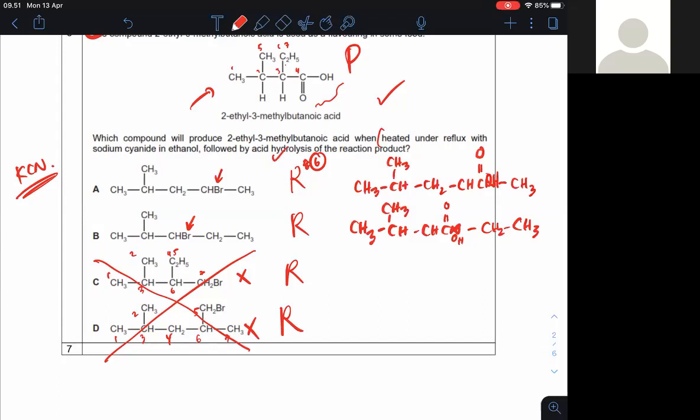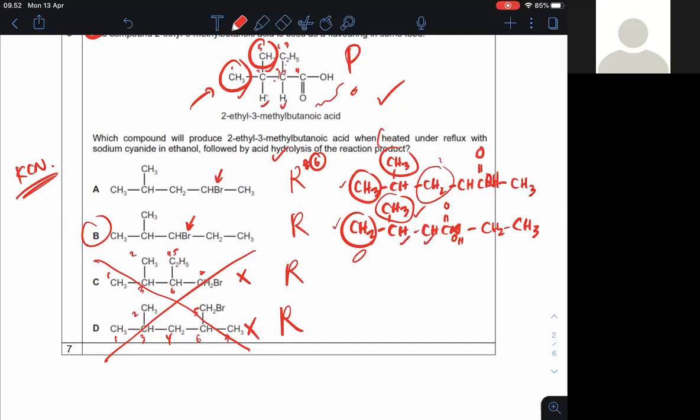So if I try to compare which one will give me this molecule, just take a look. CH3, CH3, CH3, CH3, so possible here. And then after CH, you are going to have CH and CH2. This one, you are only having CH2. If I focus on B here, you have CH3, CH3, CH3, CH3, CH, CH, CH, CH, then C2H5.